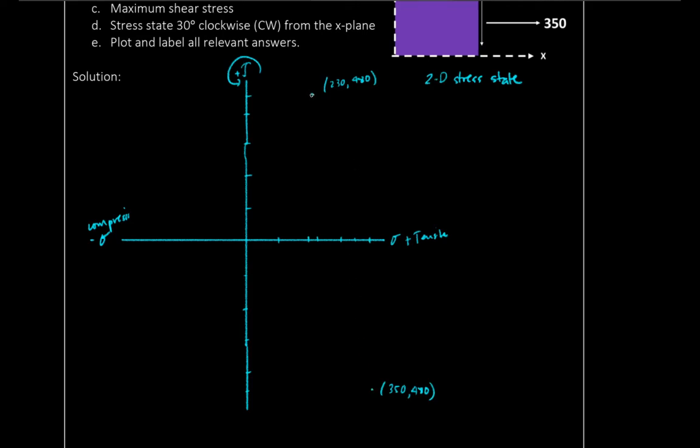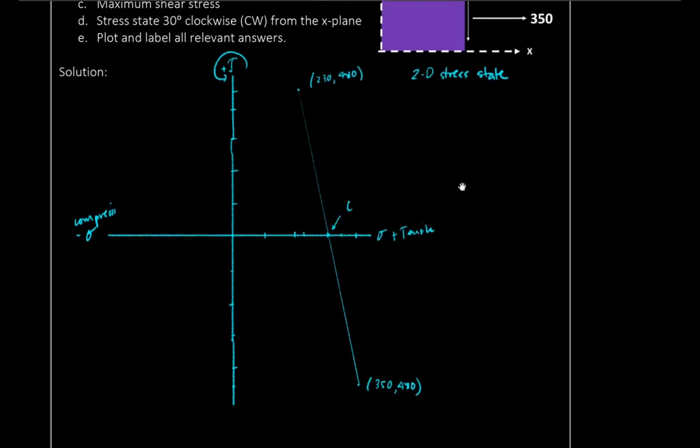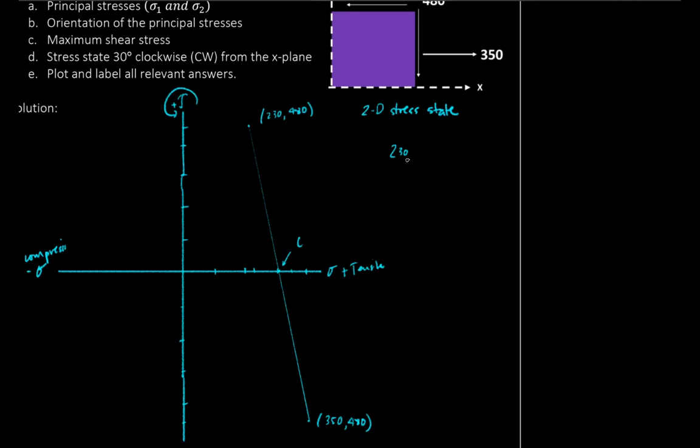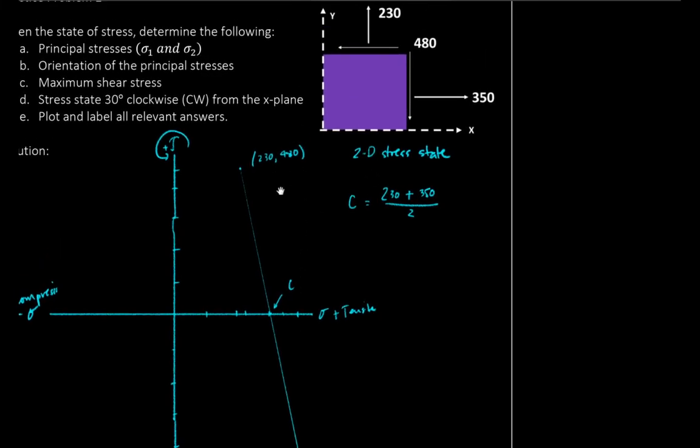So if we connect this line, we will find the intersection, the center point. We can compute this manually. We have 230. The center point is just equal to 230 plus 350 divided by 2, since it's half the distance between these two normal stress values.